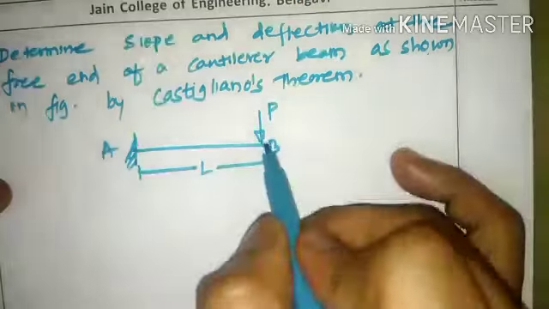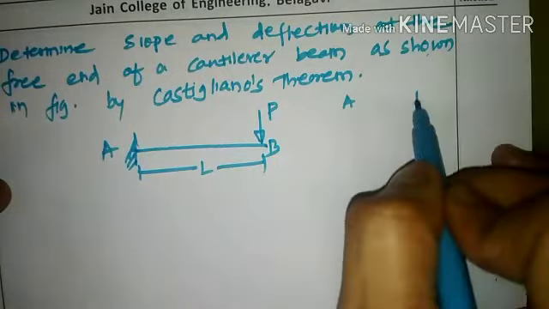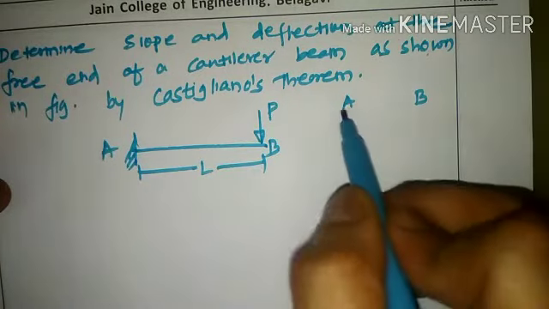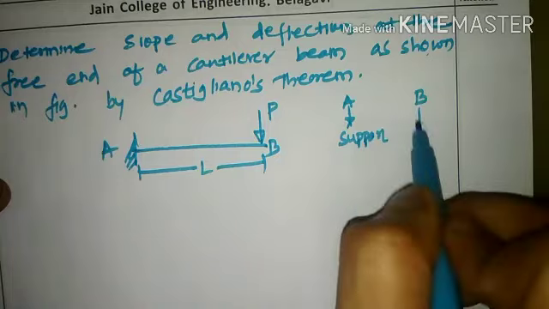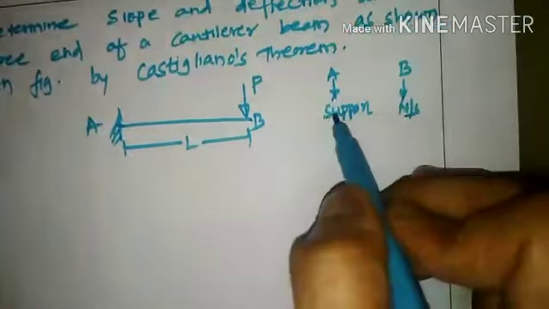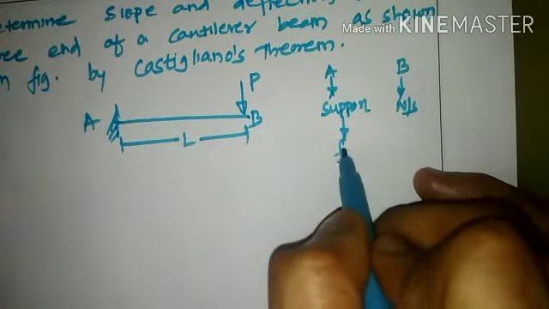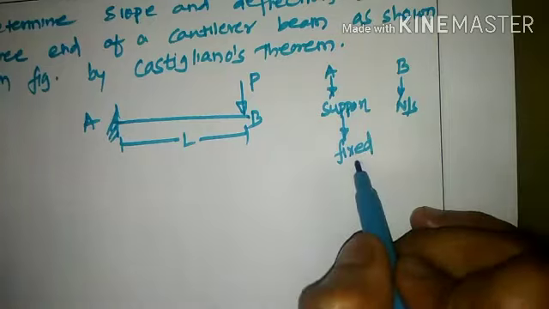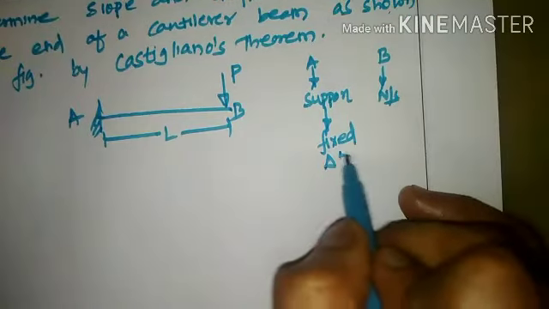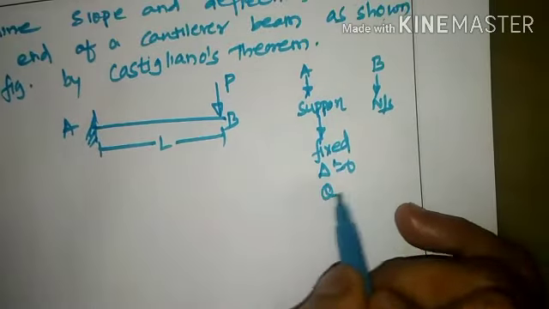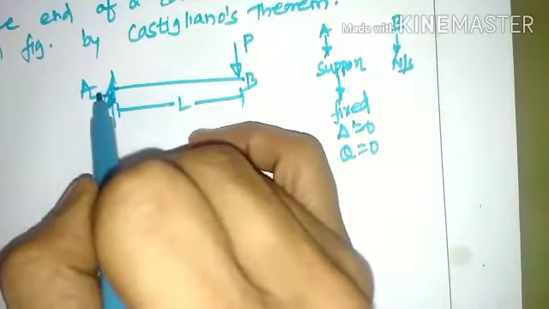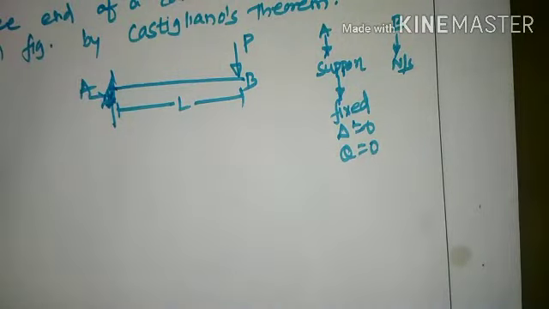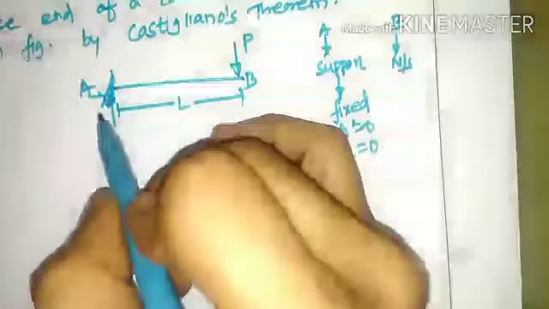There are 2 points in the cantilever beam, A and B. Amongst these 2 points, A is provided with a support and B doesn't have a support. The support provided at A is fixed. Obviously, wherever there is a fixed support, deflection will be 0 and rotation will also be 0. Rotation is 0 at A because a fixed support carries 3 reaction components: vertical reaction, horizontal reaction, and the moment.